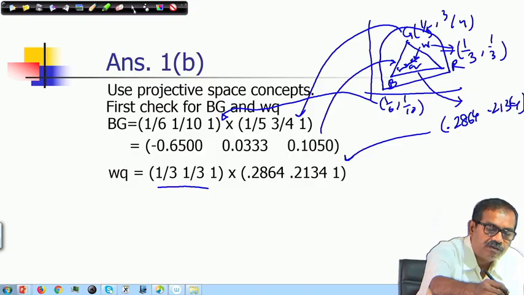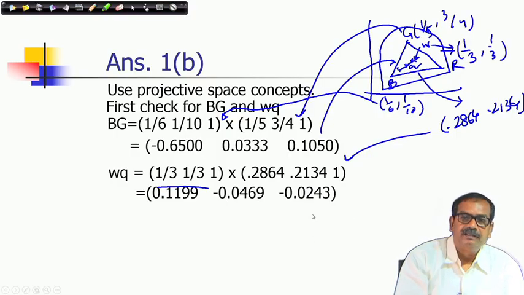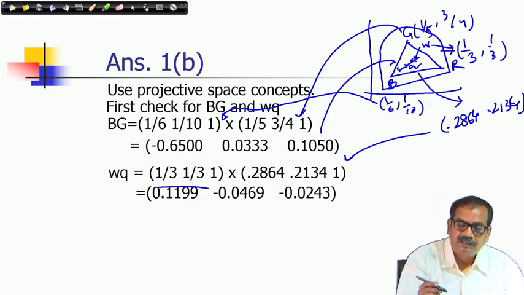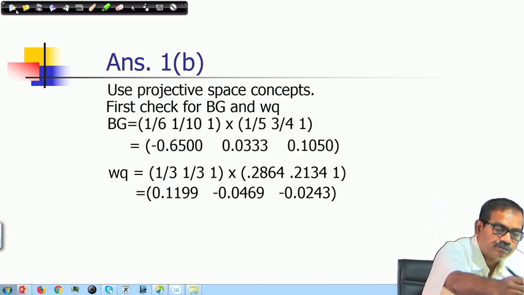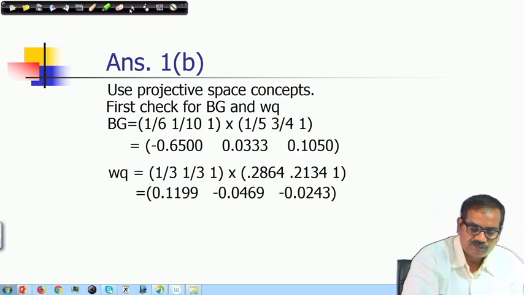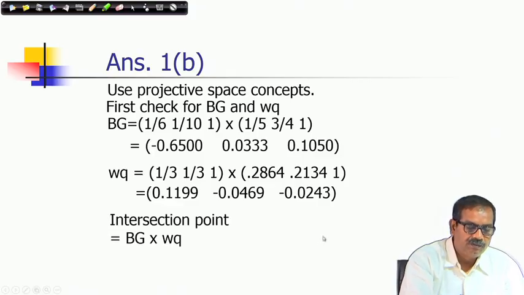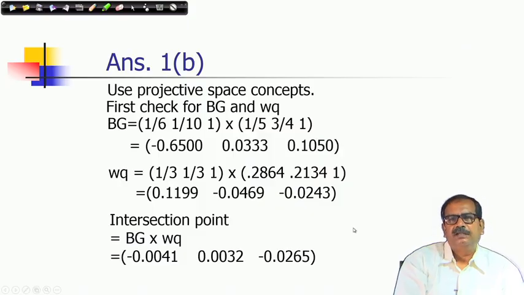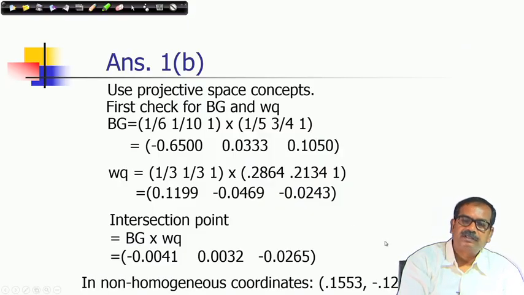So, if I take the cross product of these two, then we will get this particular representation and value which is representing the straight line WQ. So, now the intersection of BG and WQ will give you the point. This is the point again in the homogeneous coordinate representation. So, in the non-homogeneous form this is the point.